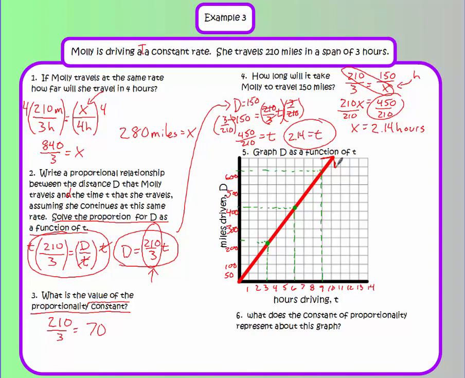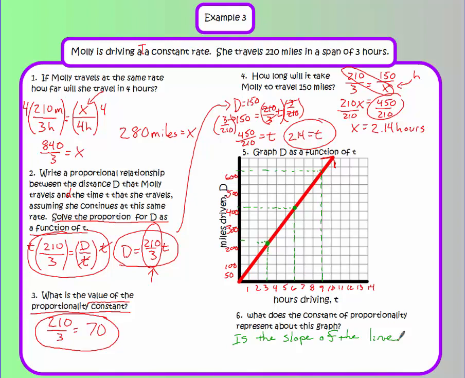So there's our graph. Now what does the constant of proportionality represent about this graph? In other words, what does this number over here represent about the graph? Well, it is the slope of the line. Remember, we went up 210 and over 3, and up 210 and over 3. So the constant of proportionality is the slope of the line or function.